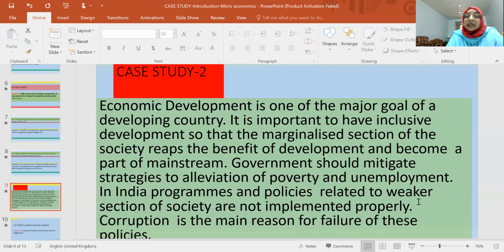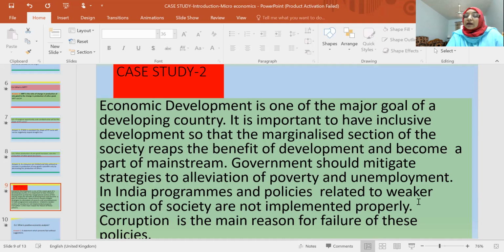Government should mitigate strategies to elevate poverty and unemployment. In India, programs and policy related to the weaker section of the society are not implemented properly. Corruption is the main reason for failure of these policies.